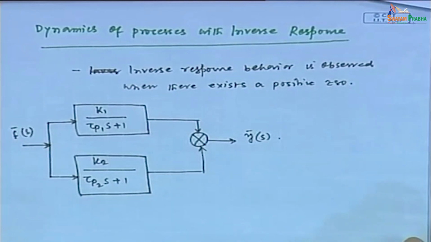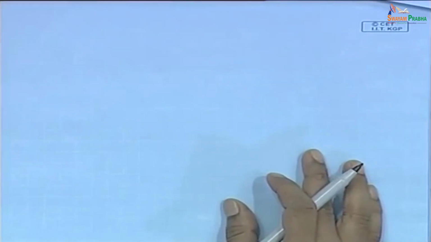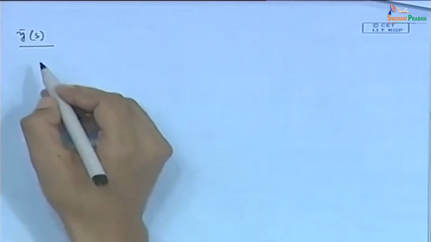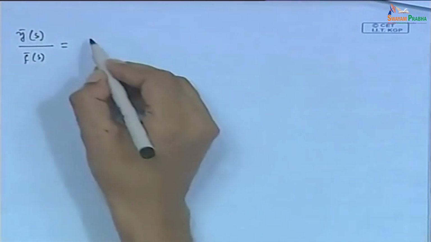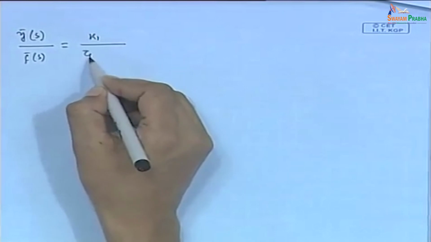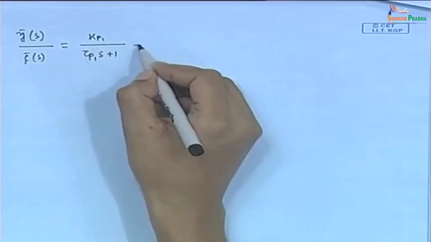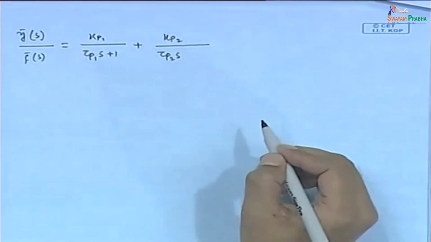The two processes are acting in parallel. Now, first we need to find the overall transfer function of this process. The overall transfer function y bar s divided by f bar s is equal to Kp1 divided by tau p1s plus 1, and another transfer function is Kp2 divided by tau p2s plus 1.